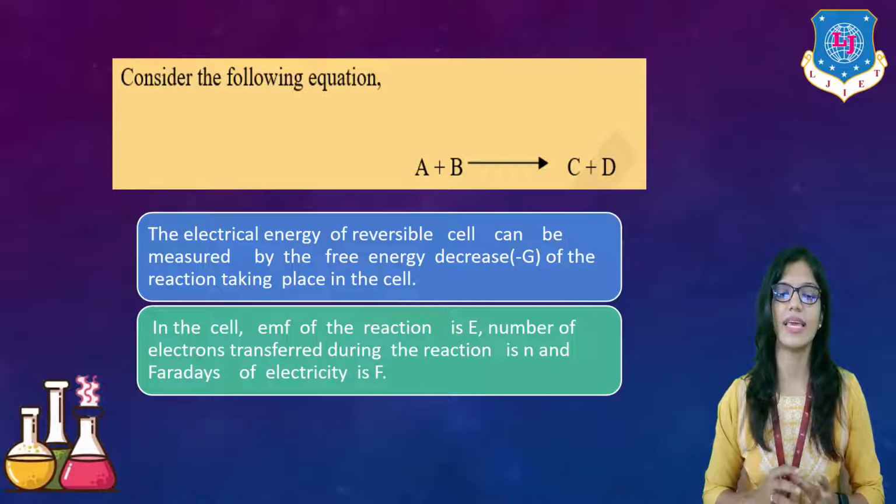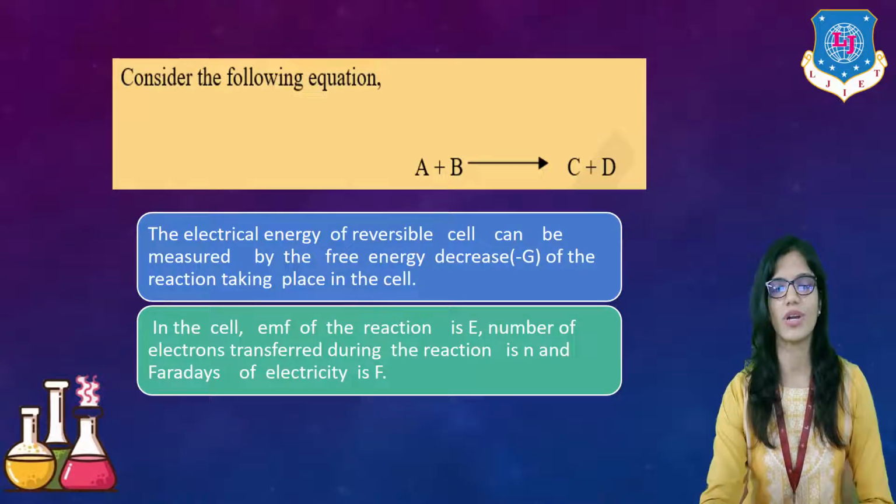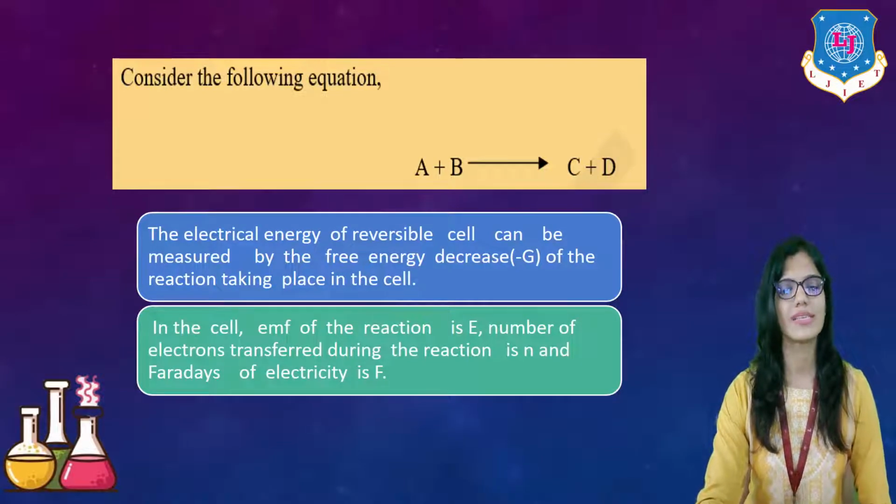In the cell, the EMF of the reaction is capital E. The number of electrons transferred during the reaction is small n. And the Faraday of electricity is capital F. So what we will have here is minus G, capital E, small n and capital F. These are the terms we will use to understand any kind of cell.